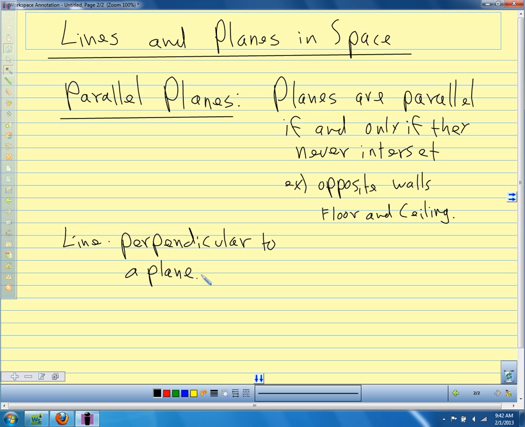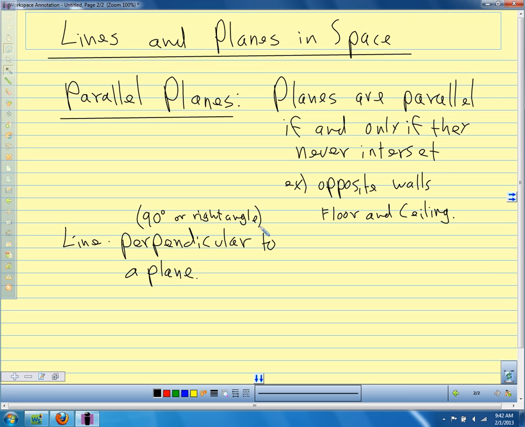So that's the right idea. What do we call that? What's our angle? 90 degrees, right angle. Perpendicular means 90 degrees or right angle. So we want to know when a line makes a 90-degree angle with a plane.